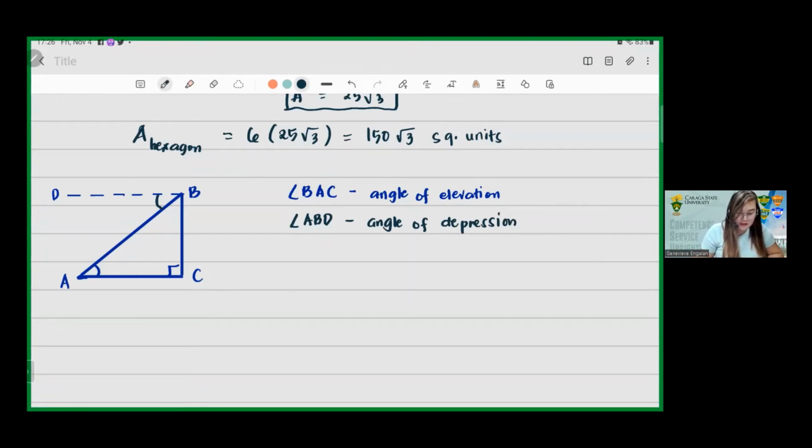So, angle of elevation when the angle is above the horizontal plane. So, ato na siyang gitawag og angle of elevation.